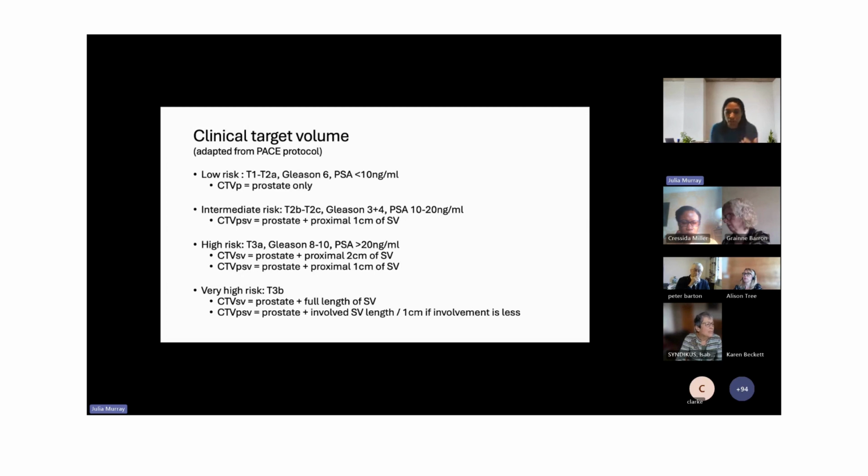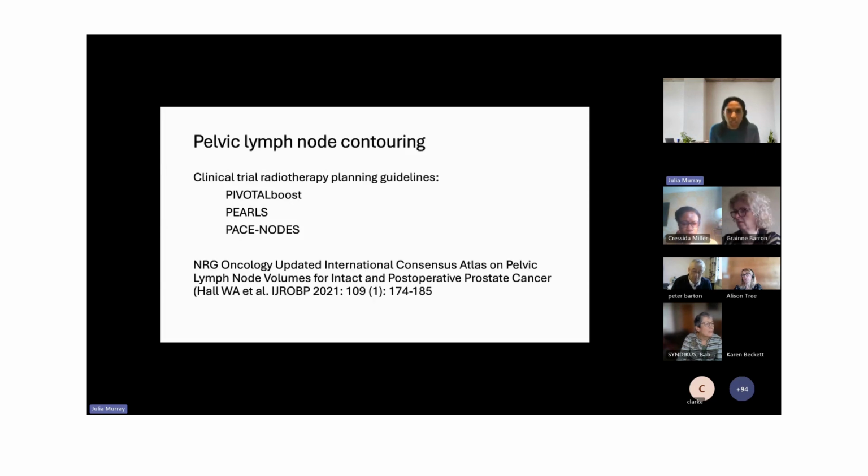And then for patients with high risk, say T3B disease, put in the high dose area the prostate and the involved seminal vesicle length. And if that involved length is less than 1 centimetre, we'll definitely include 1 centimetre at the minimum, and then the full length of the seminal vesicles to be included.